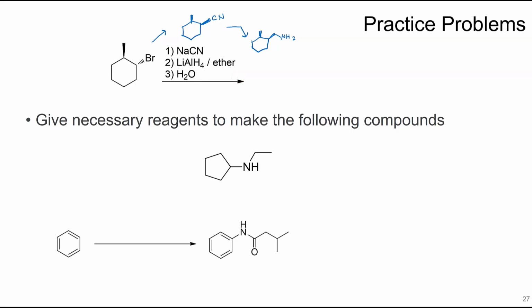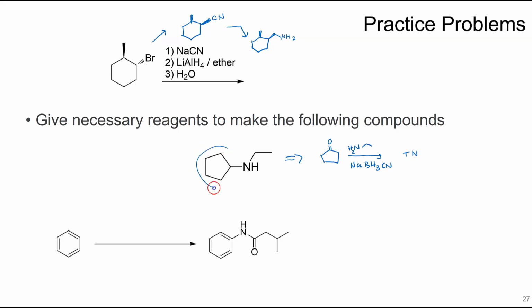Right here we're looking for a synthesis. There's no rules on the first one, but if we want to make a secondary amine, we want to do a reductive amination. And there's going to be 2 ways to do that. We can start with this ketone, add this amine, sodium cyanoborohydride, and that will give us the target molecule.